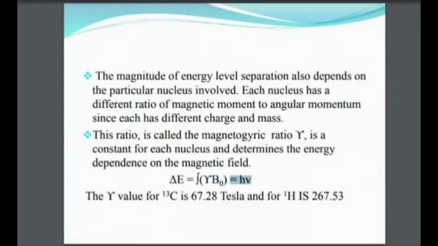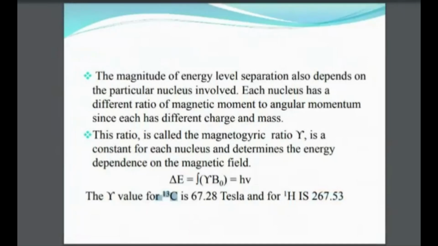The gamma value of C13 is found to be 67.28, and for H1 it is 267.53. So it is even less than 1/4 of H1. So that magnetogyric ratio is very small for C13.